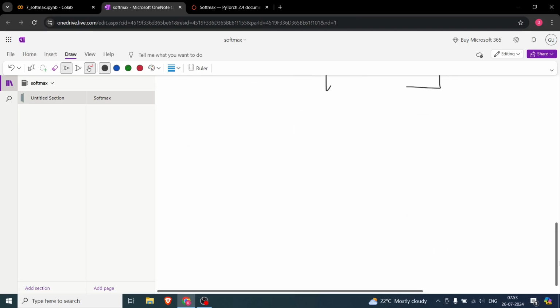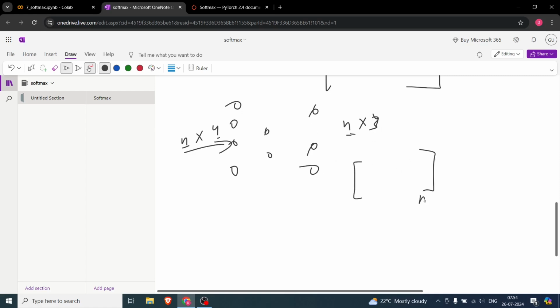Okay, so just a small recap. I hope you have understood it already, but just a small recap. You have some neural network, it has some output layers, and you are giving n examples. Let's say the input is n cross 4, where n is the number of examples and 4 is the number of input features, and then finally you will get n cross 3, the same number of examples, but since there are 3 neurons over here, you get a matrix of n cross 3.